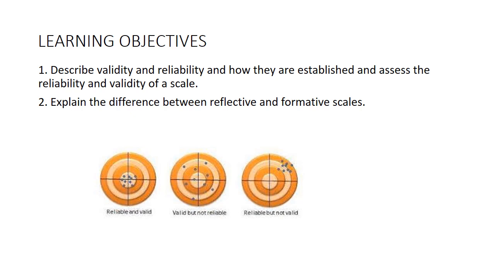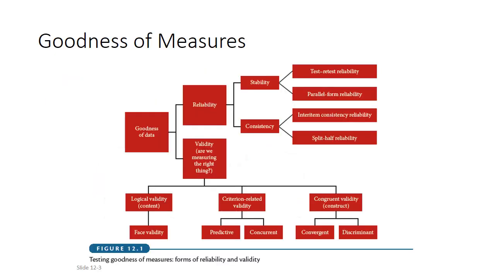You see this is the target. This is the very important diagram. This diagram is very decisive in your understanding of the reliability and validity of the scales of the measures.